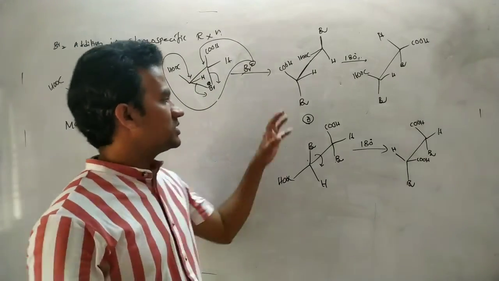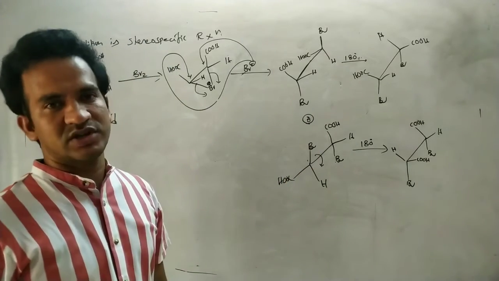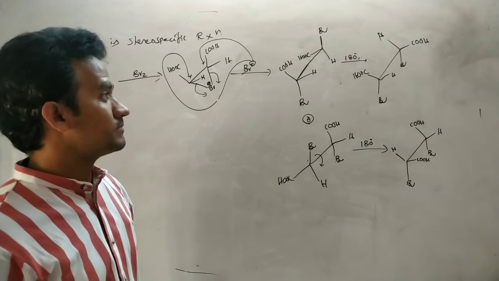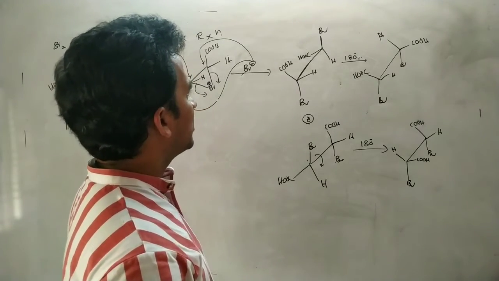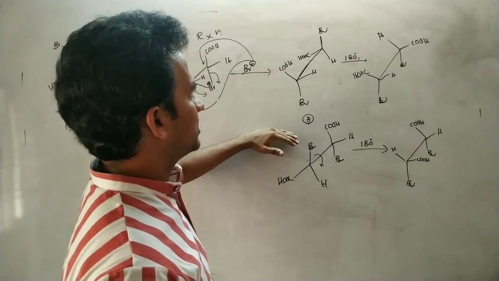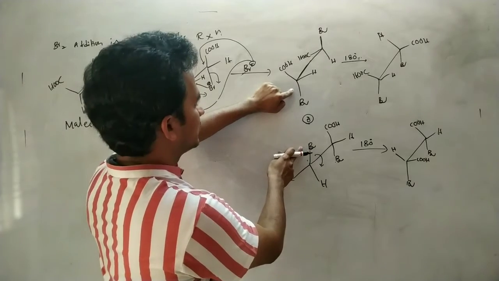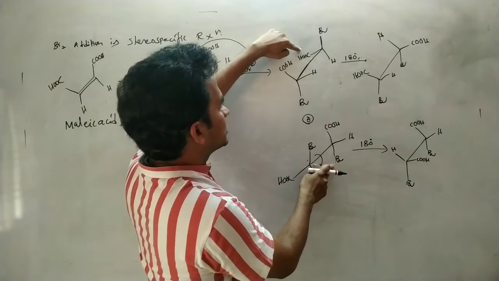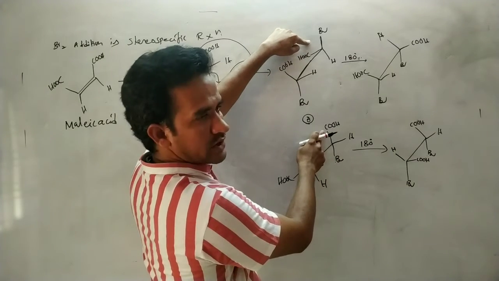Now this is the Sawhorse projection formula. Now convert it into the Fischer projection formula for our convenience. See this one. First of all, we can say simply these two are mirror images, because here bromine is downward and here bromine is in the upward direction. Next, this bromine is upward, this bromine is downward. This OH is downward here, and here this OH is upward.